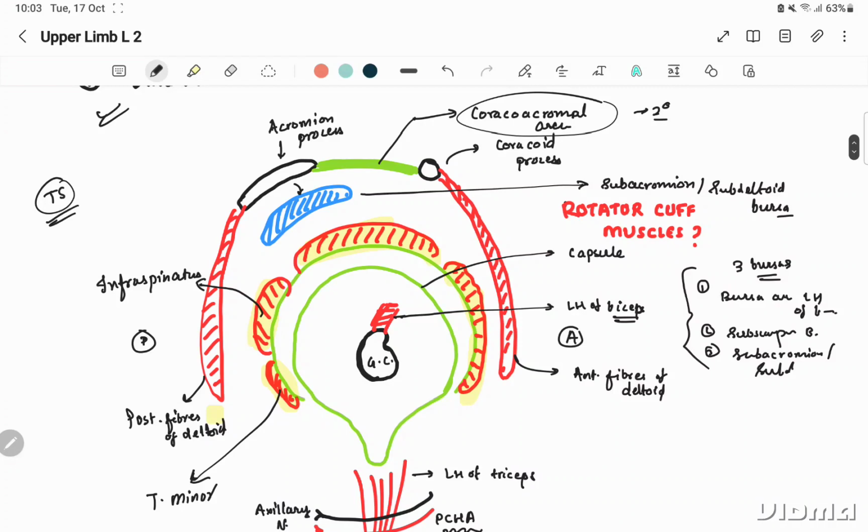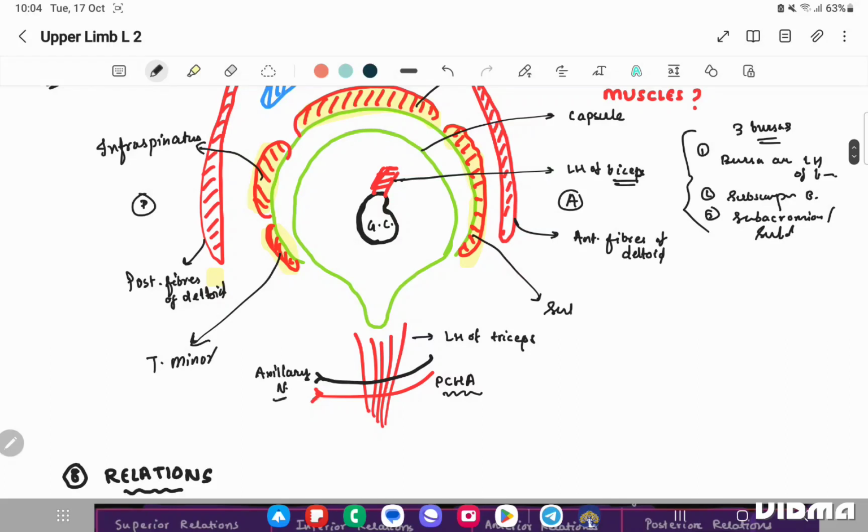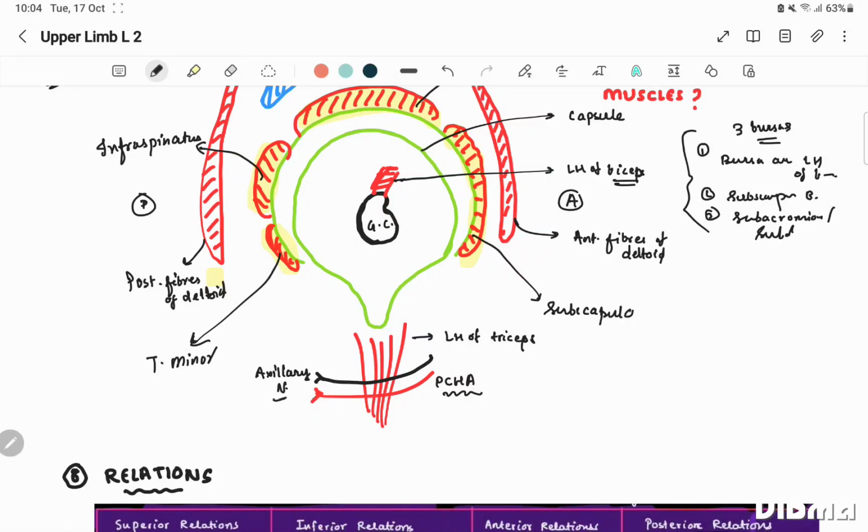The third one is the supraspinatus. And the fourth one is the subscapularis. Okay, so this diagram is clear.